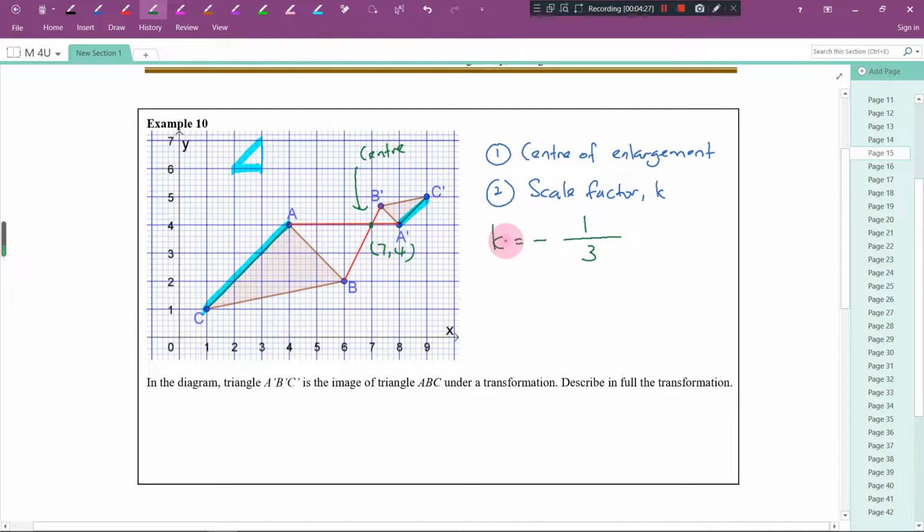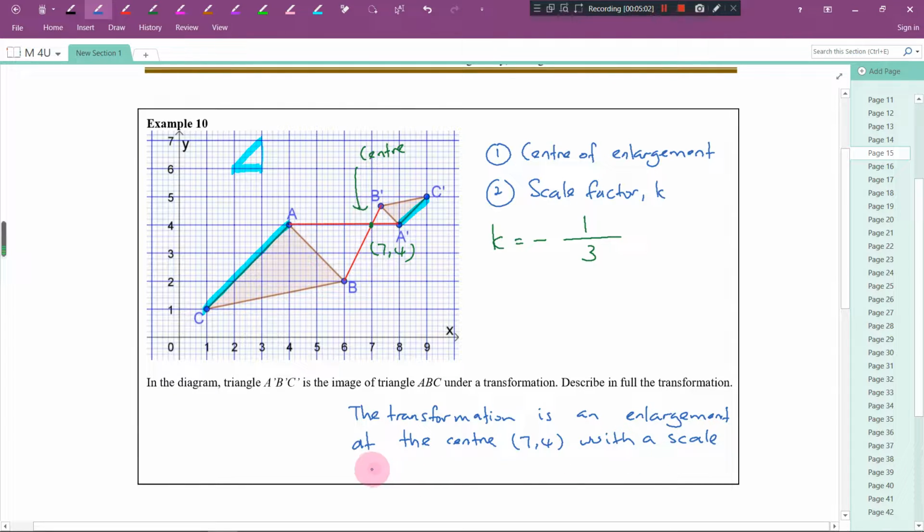We can start to describe it. The transformation is an enlargement at the center (7, 4) with scale factor of -1/3.